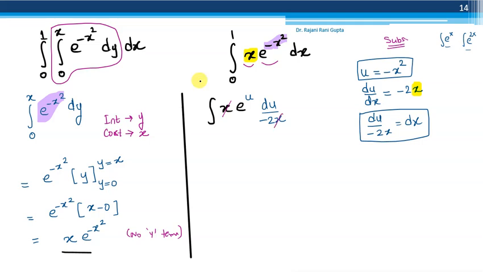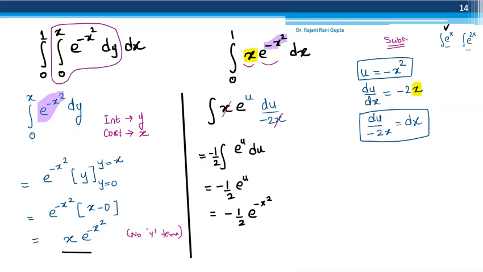So we are left with integral e power u, and minus 2 in the denominator. So it's the same as minus half du. Now here you can use this rule. So this gives you minus 1 by 2 e power u. And substituting back, it gives you e power minus x squared.